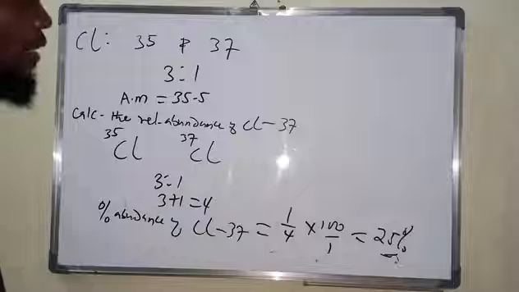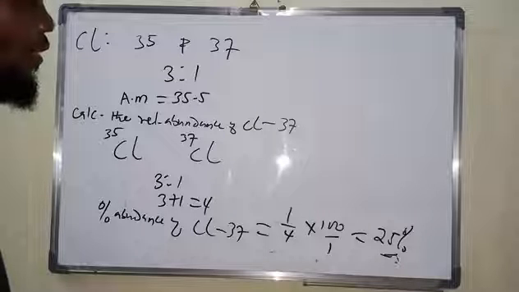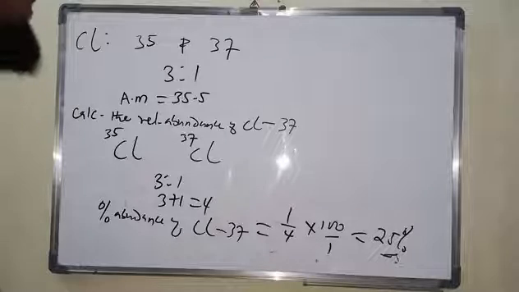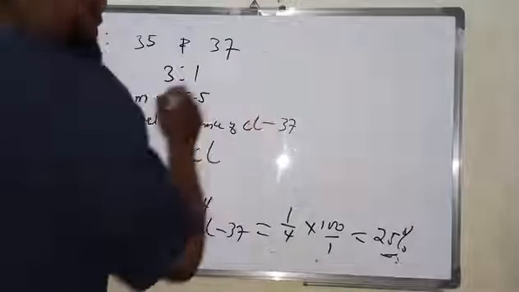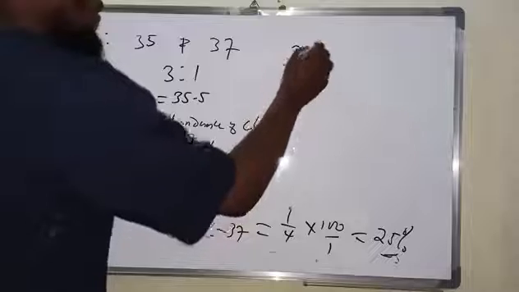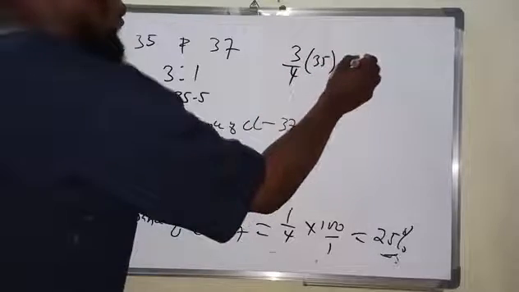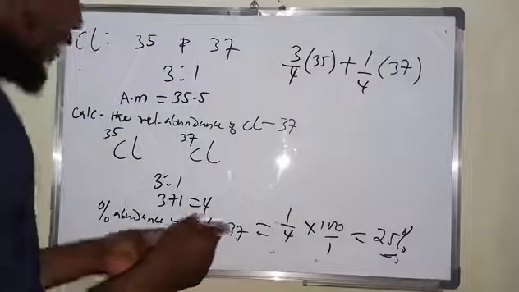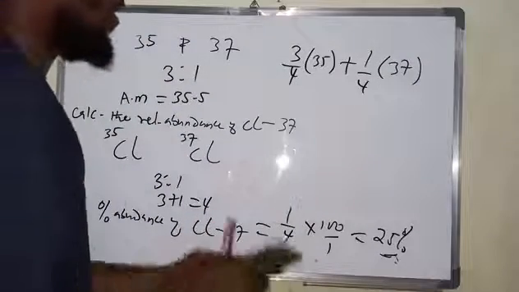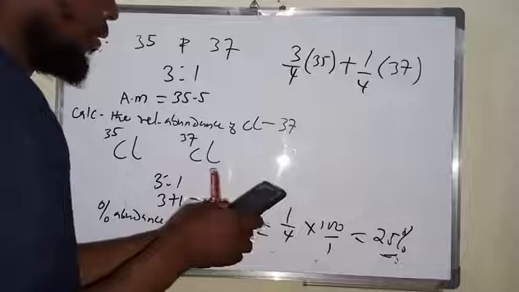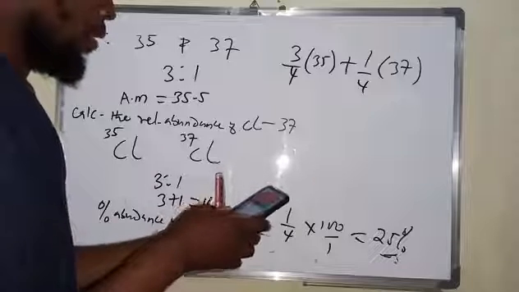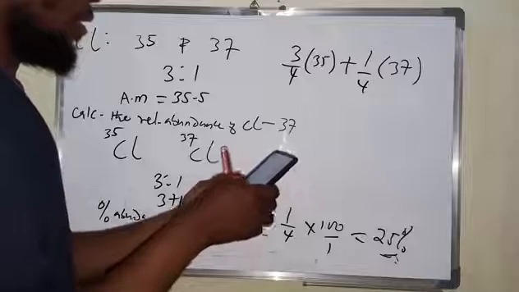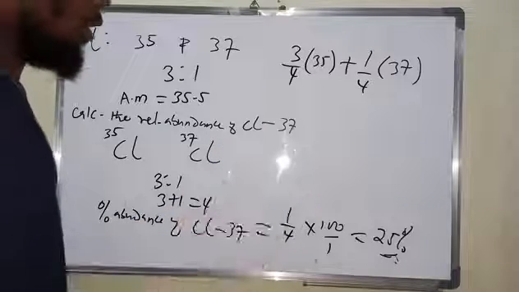So I don't think it is going to be more than that. You understand? Because on a good day, 3 over 4 of 35 plus 1 over 4 of 37 is what gives rise to 35.5. So if you want to check it, we check. On my calculator, 35 multiplied by 3 divided by 4 gives me 26.25.